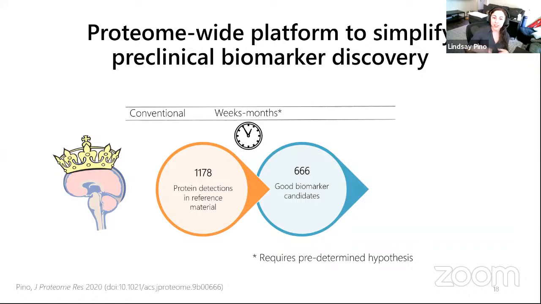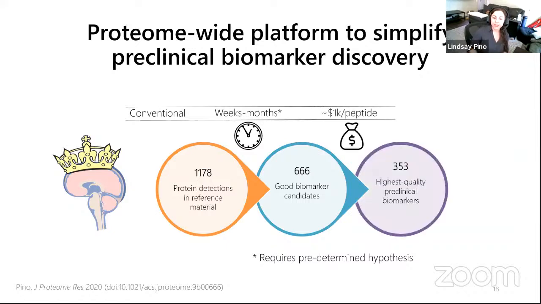Now, typically to do this step would take weeks to months, because for every single one of those proteins that you're interested in, you would order stable isotope labeled standards for each one of the peptides you want to assess, and then build the calibration curve, measure the data, and analyze LODs and LOQs.